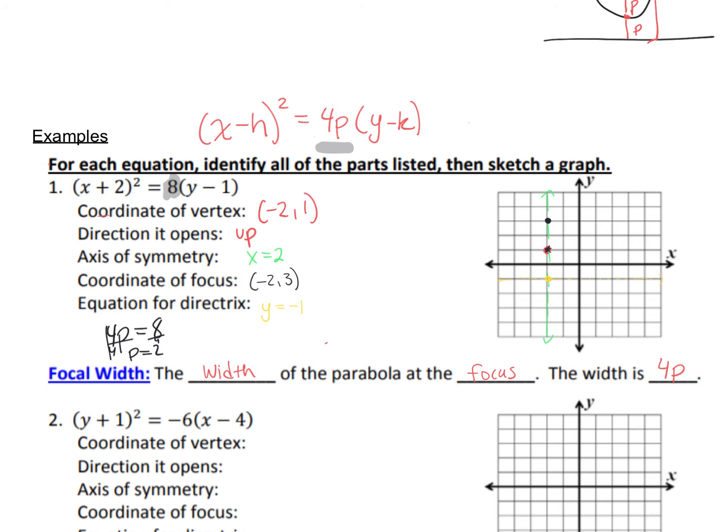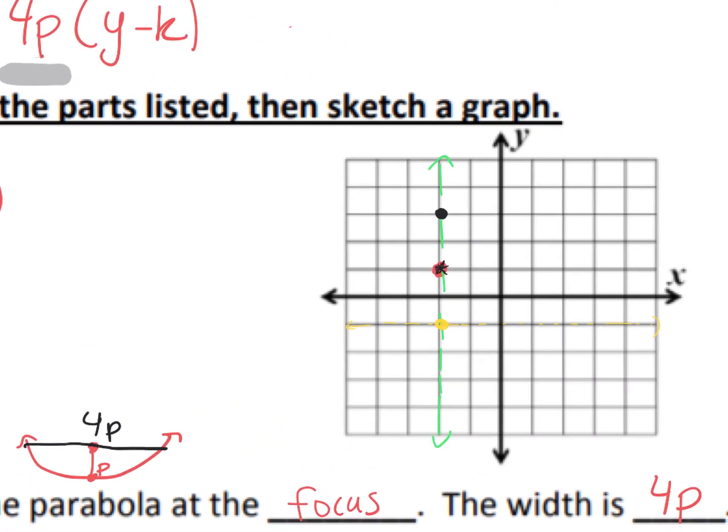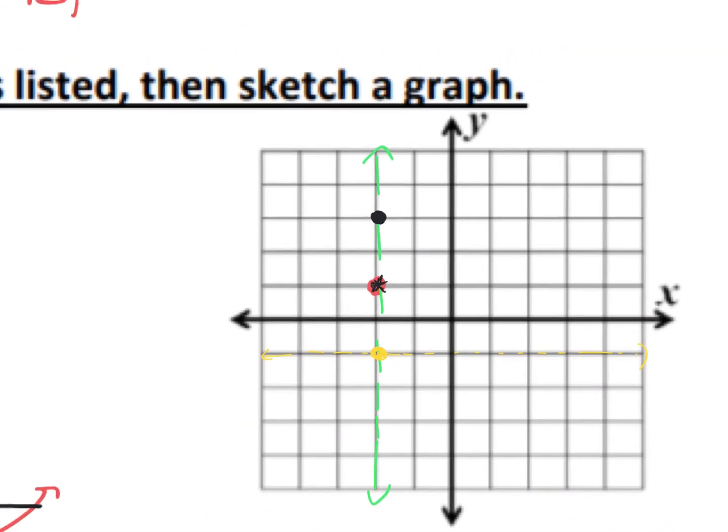And what I mean by this, let me draw a picture here. Let's say that's my parabola. Let's say this is my focus here. I know that this distance here is p from the focus to the vertex. Well, if I'm talking about the width at the focus, that width here is going to be 4p. That's what I'm talking about. So if I'm drawing that in on my graph, the width is going to be 4p.